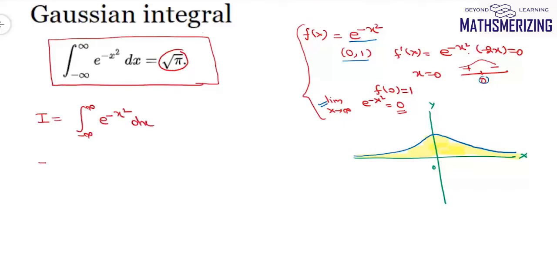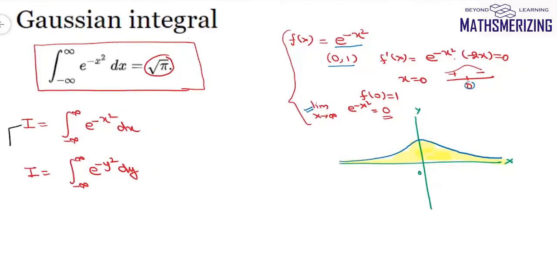I can also write this integral as the integral from minus infinity to plus infinity of e to the power minus y squared dy. In a definite integral, if the function and the limits are the same, the value of the two integrals will be the same, so y here is a dummy variable.